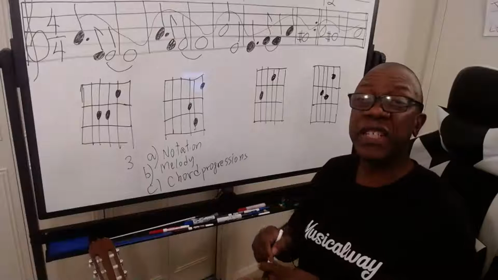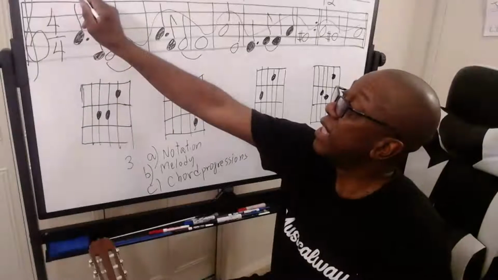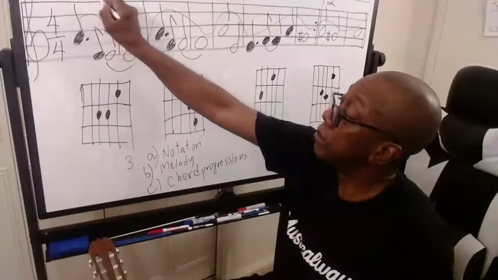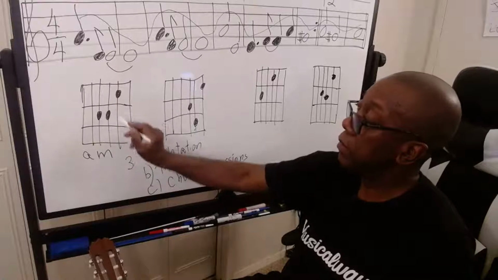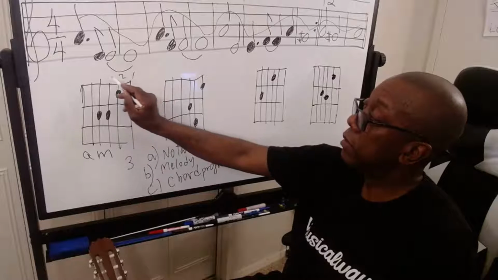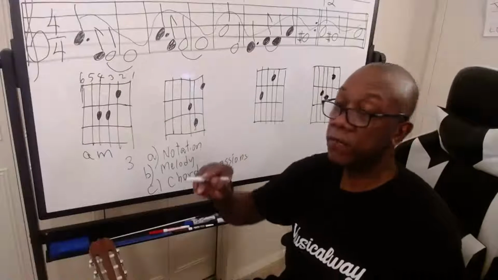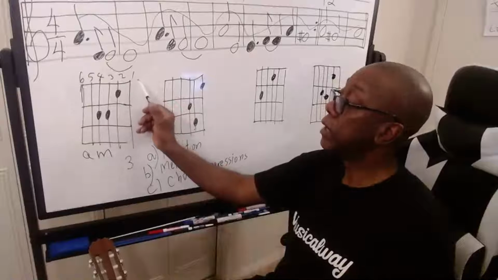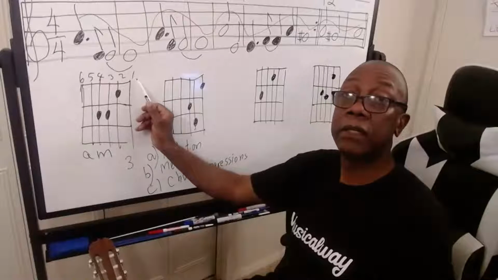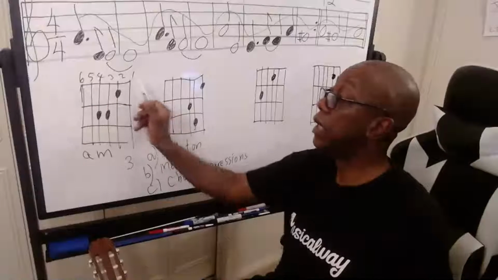First one, notation. What are the names of the notes? This is A. I would say this is A minor. This is the first one. A minor, the guitar. One, two, three, four, five, six. If you've studied with me before, you will know that the guitar strings are read from right to left, one to six.